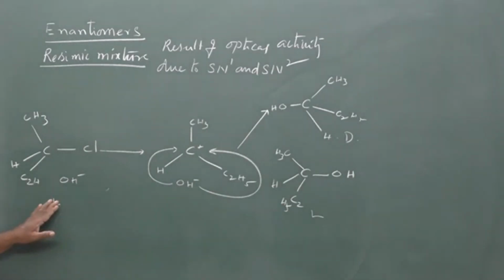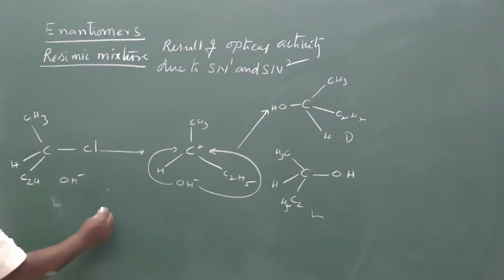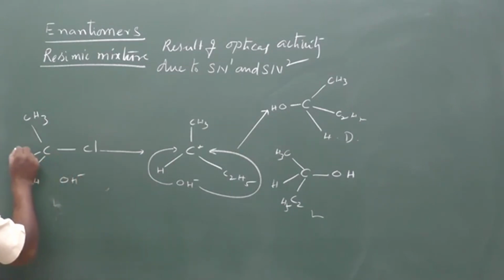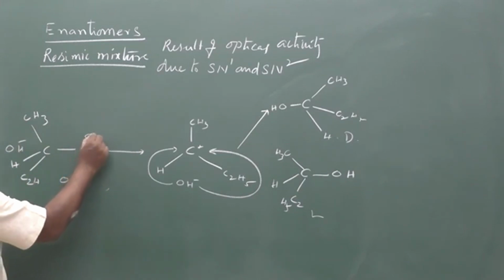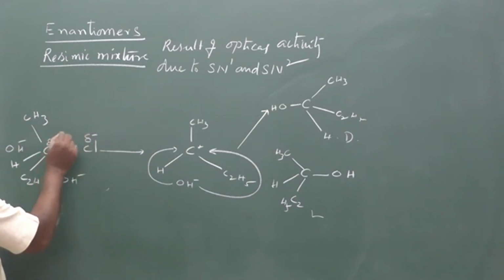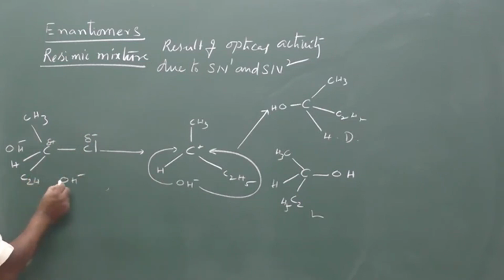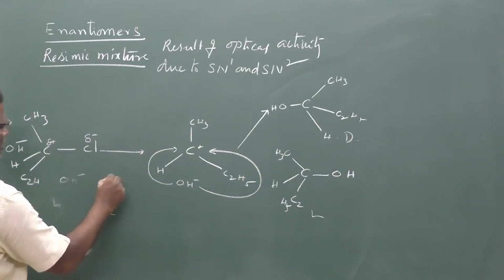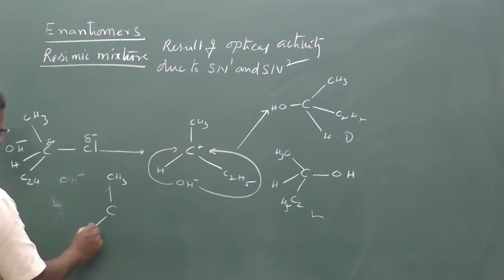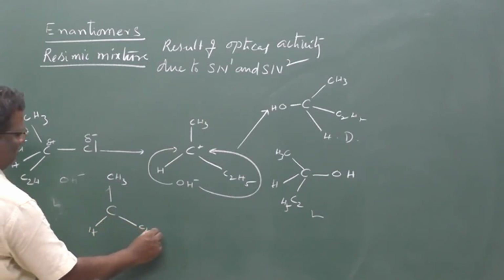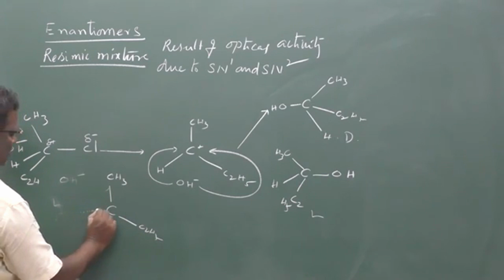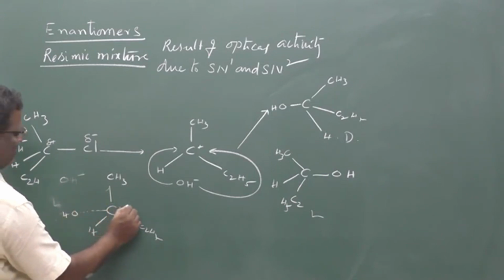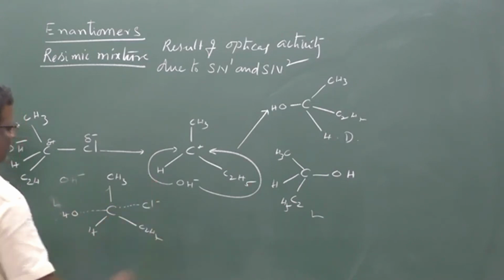In the same case, if SN2 mechanism takes place, the nucleophile will attack from the back side only, because this carbon is delta positive and the leaving group is delta minus. So automatically OH minus or the nucleophile will attack from this side, and it will form a transition complex which is unstable.